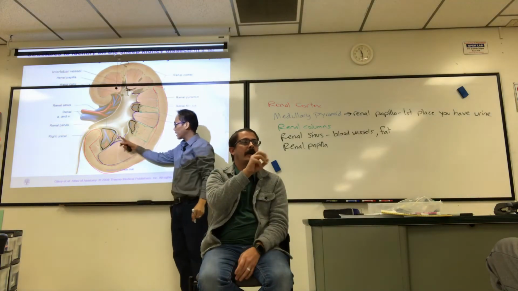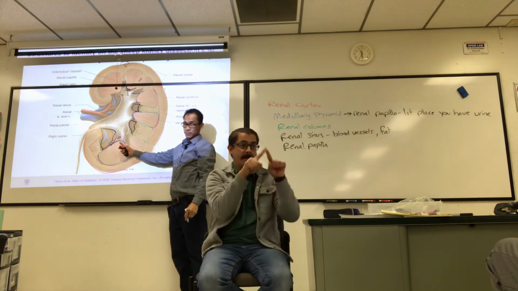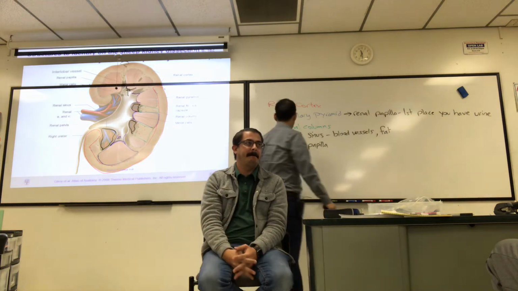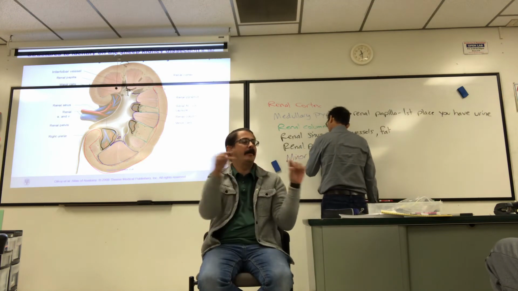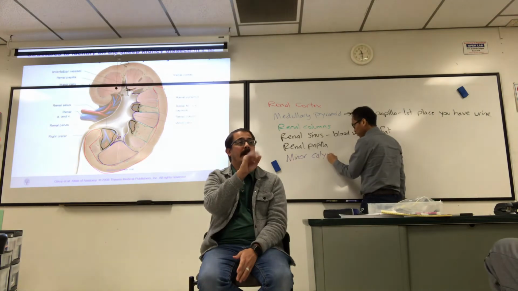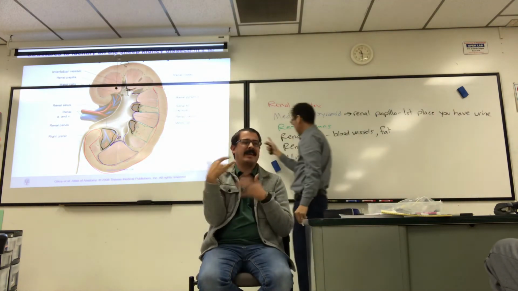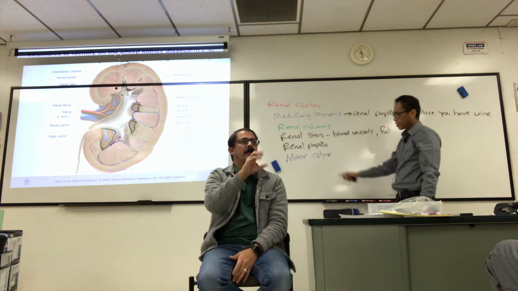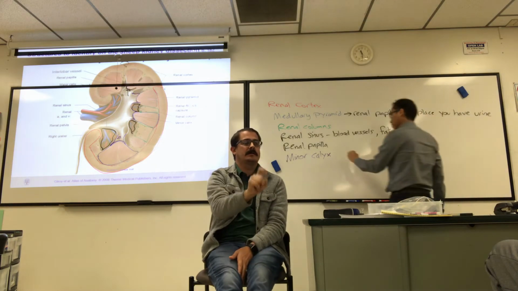It collects the urine from one pyramid. Minor calyx. I'm spelling it differently than the picture. They use L-I-X, but more typically I see it spelled L-Y-X, so we're going with the more common spelling. Collect urine. That's its function.